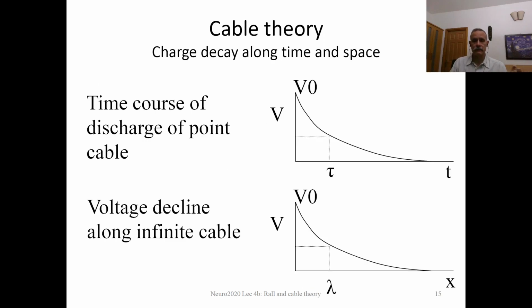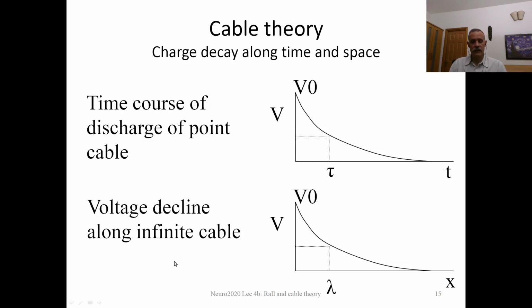Okay, so just to recap, here is what cable theory tells us. If you have a point cable, in other words, just a single compartment, a small spherical cell, then you have no dependence on distance, and your potential decays as a function of time like an exponential with a characteristic time tau.